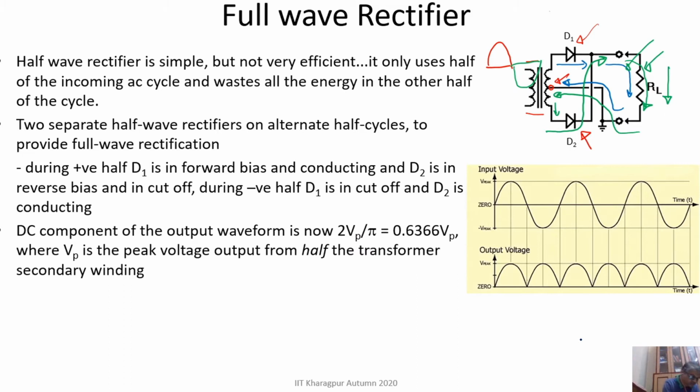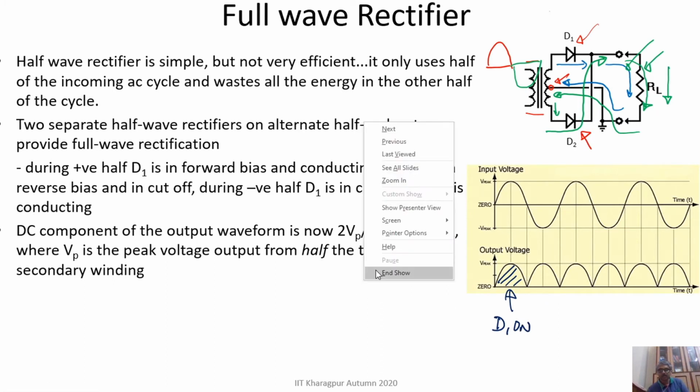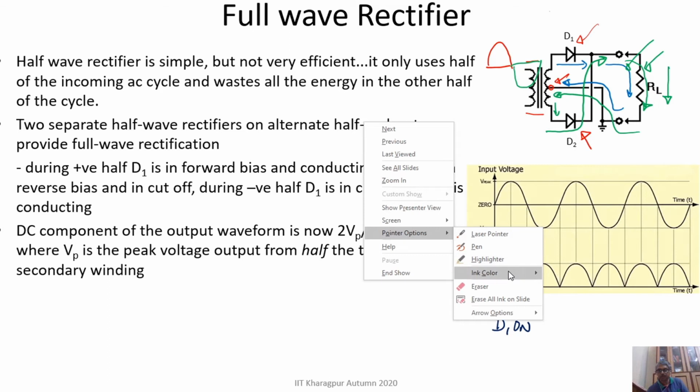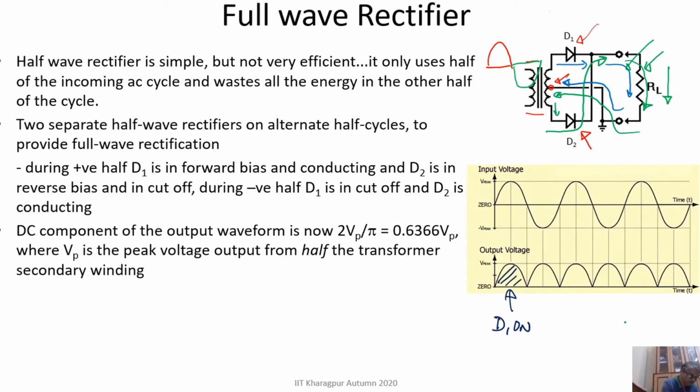Let me draw. So this is the positive half portion, when D1 is on. And in the negative half of the input signal, D2 is on. And again from here D1 will be on and then D2 will be on.